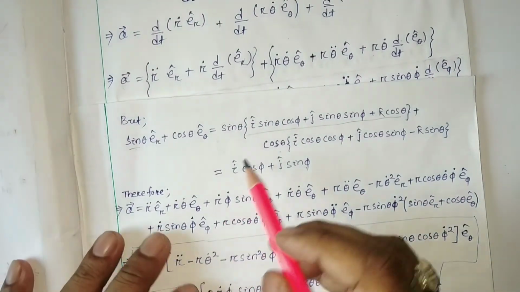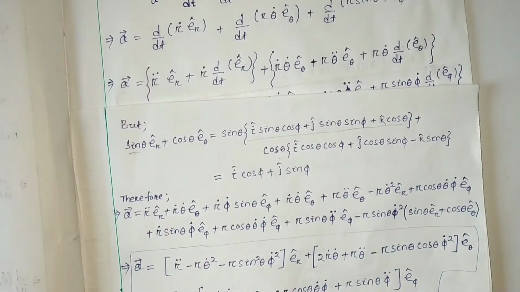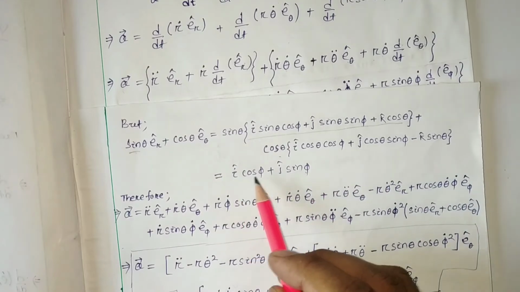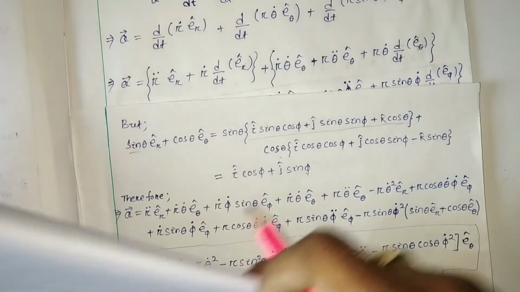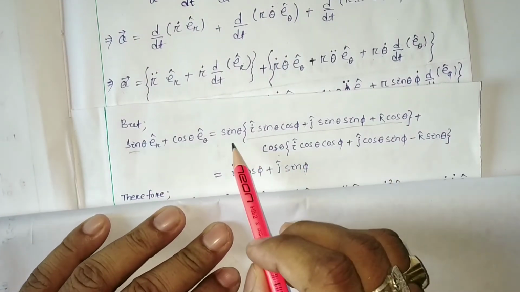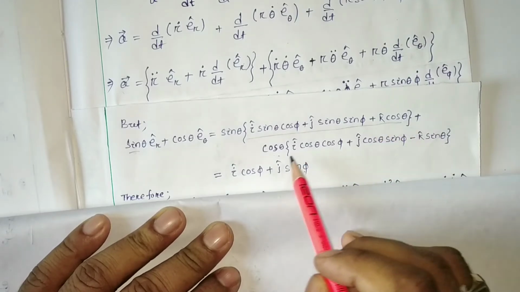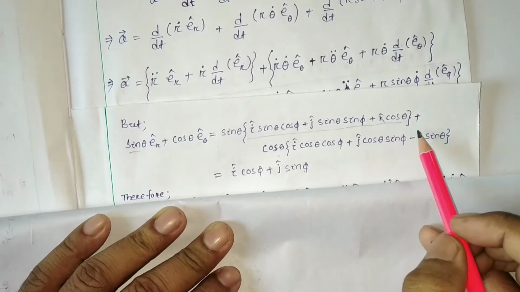Now what we have to do? Carefully you have to watch that this value will be i cap cos phi plus j cap sin phi. How it is? Easily you can identify, it is very easy. Here you can see sin theta k cap cos theta, and here cos theta minus k cap sin theta. So these two terms will be cancelled out.